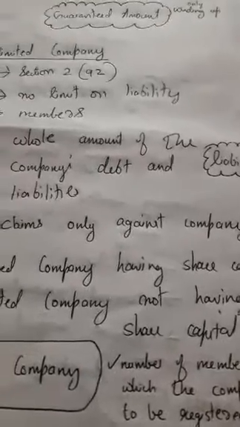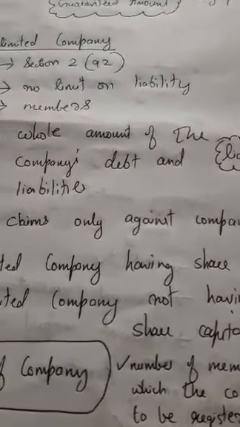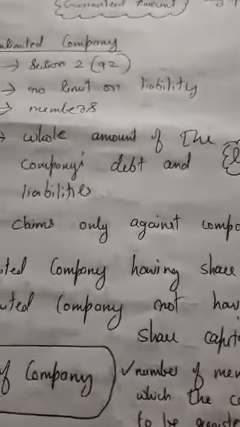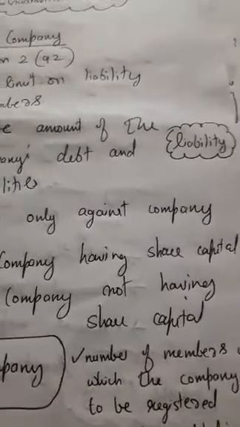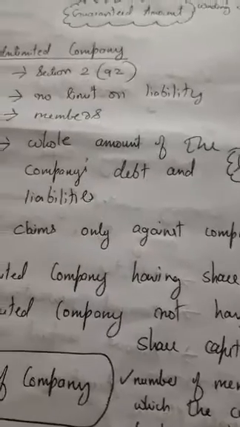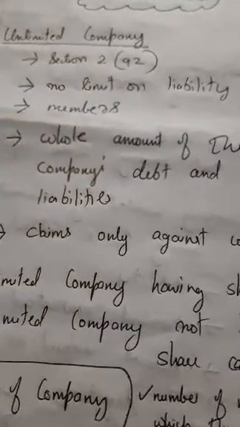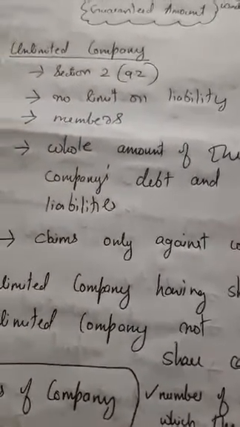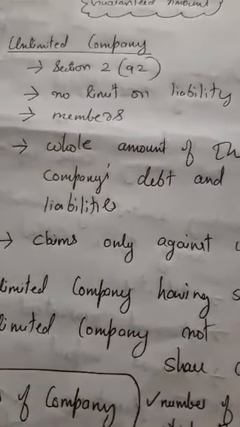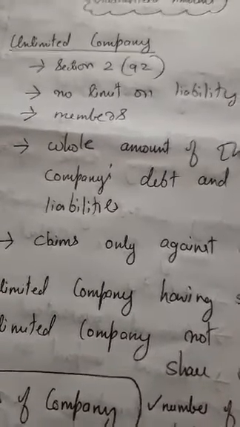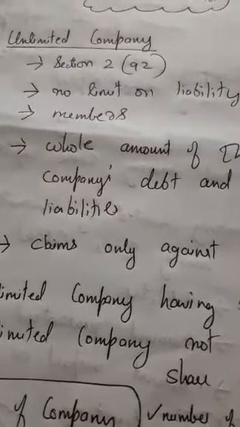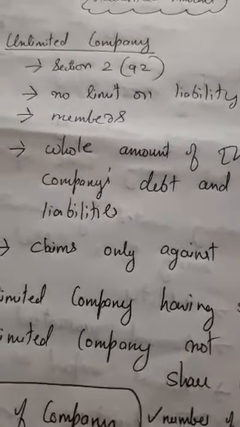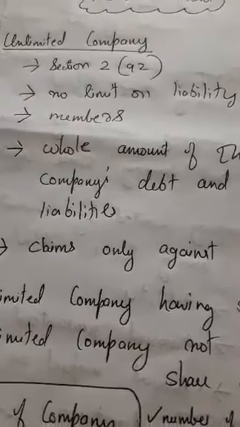The member is liable to the whole of the company's debt and liability in case of an unlimited company. That is, the limited liability feature of the company cannot be enjoyed with regard to an unlimited company.